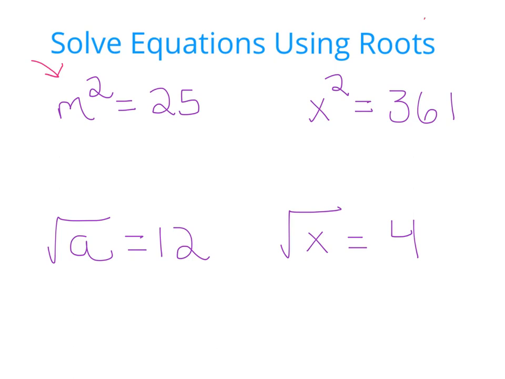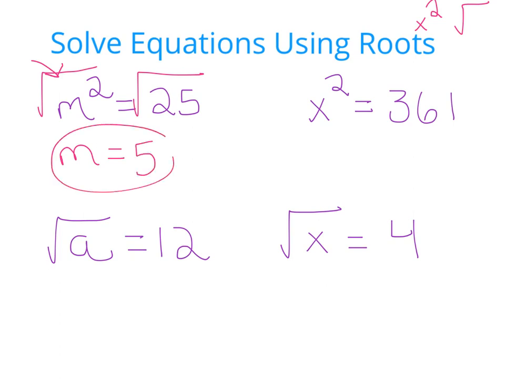And something to the second power and something square rooted, those are inverses of each other. So we can solve this by, if you square root both sides, square rooting m squared results in m, and then the square root of 25 is 5. 5 squared is 25.